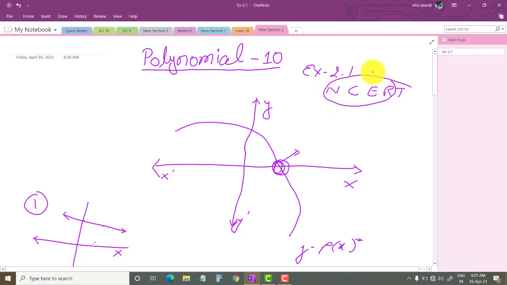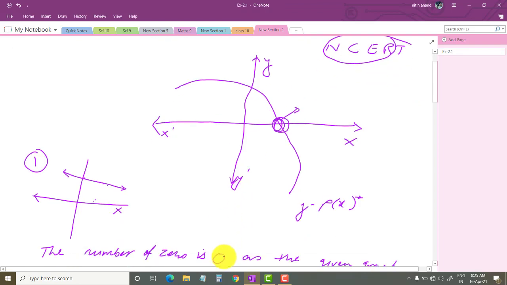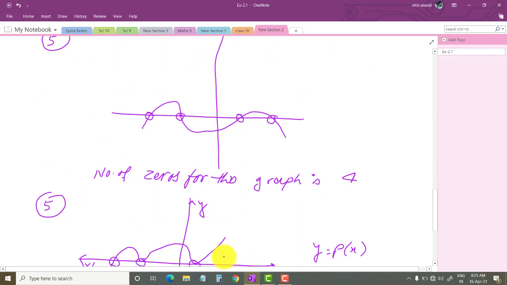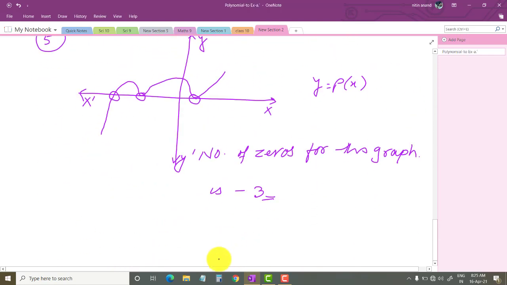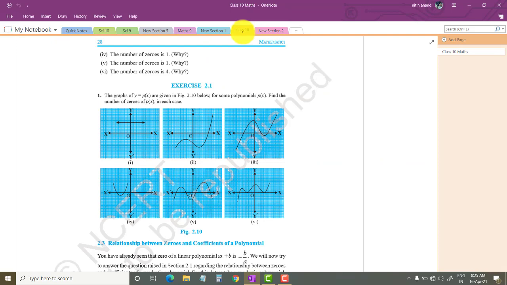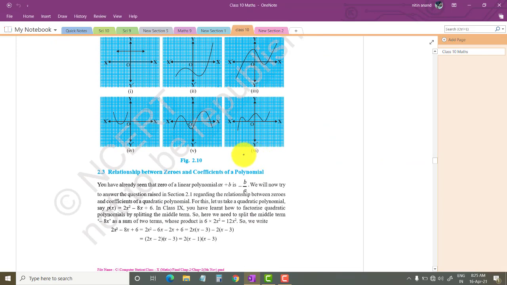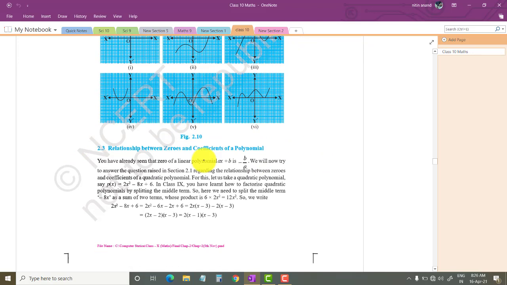This is the first exercise, 2.1. This is the complete solution of your exercise. Now we will discuss the next point. This exercise is completed. It has only 6 questions and we discussed all of them.